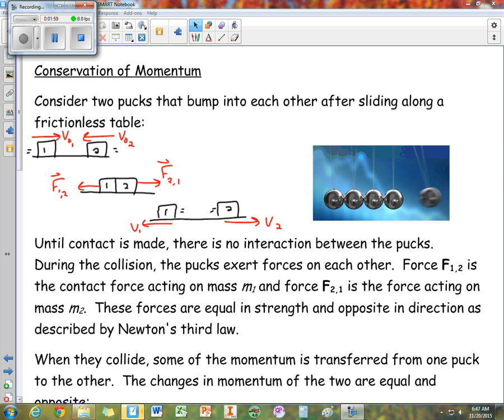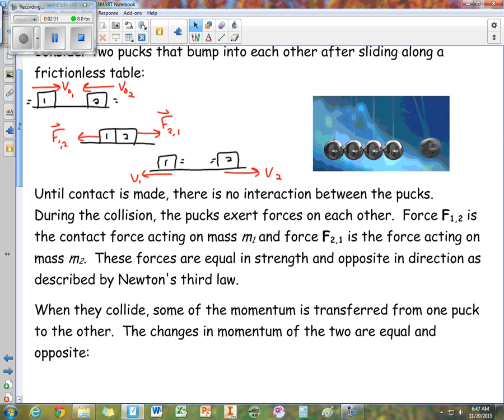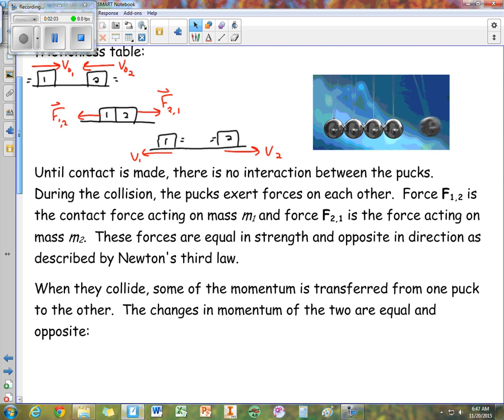So notice that until contact was made, there was no interaction between these two pucks. Then during the collision, they exert their forces. I've got those labeled up there. Also notice the nomenclature, 1,2 versus 2,1: the force acting on puck 1 because of puck 2, and the force acting on puck 2 because of puck 1. And these forces will be equal in strength, opposite in direction, Newton's third law.